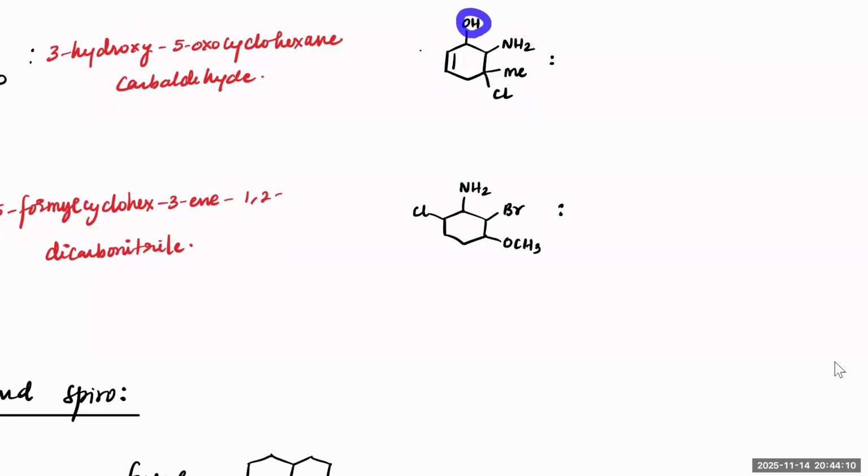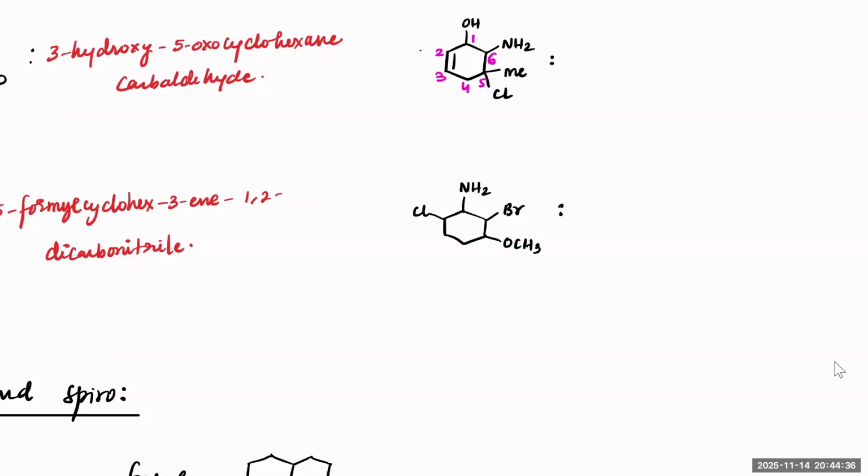In this case, you have hydroxy, amino, methyl, chloro, which are always substituents. So on the priority basis, hydroxyl is the highest priority functional group here. So if I start numbering here, I'll start with hydroxy first, then go for the lowest locant of double bonds. That is how the priority should be. So this is the numbering which you will have to give.